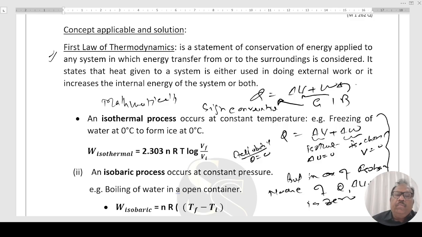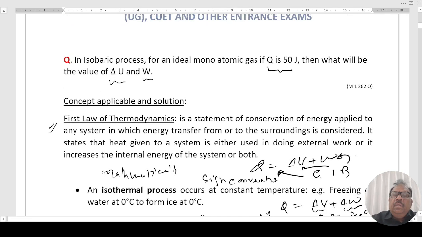Now, according to the question, the nature of gas is monoatomic. Q is 50 joule.